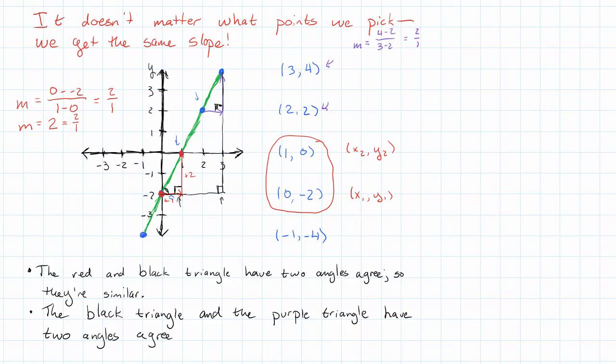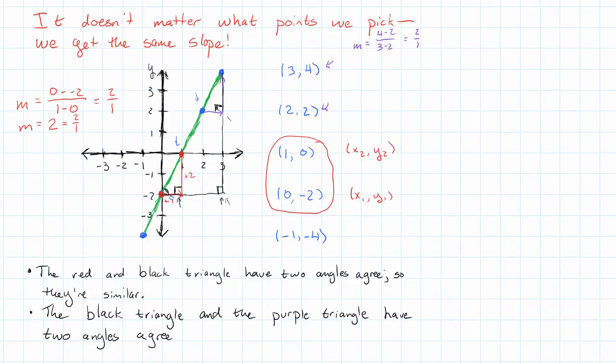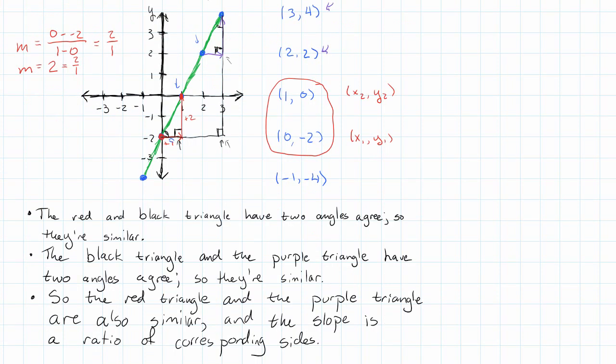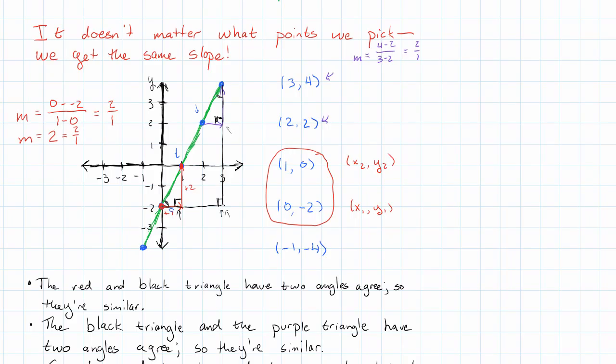The black triangle and the purple triangle have two angles agree, namely, the right angle again, and the angle at the top that they share. So they're similar, which means the red triangle and the purple triangle are also similar. And the slope is a ratio of corresponding sides.